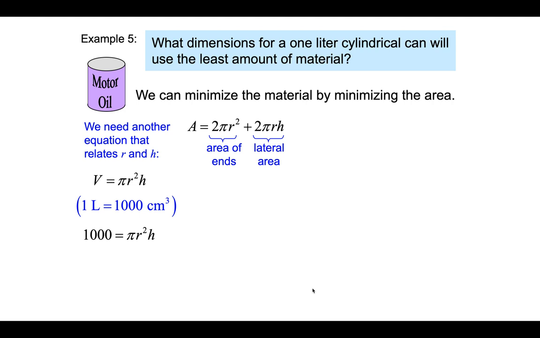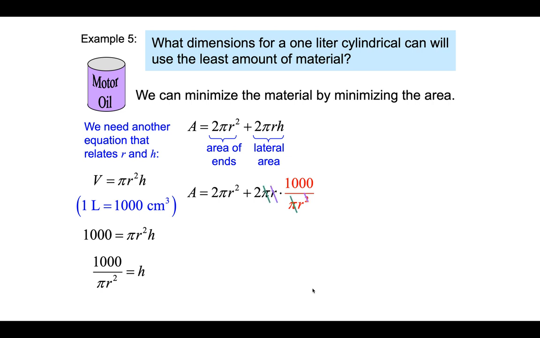So 1,000 has to equal pi r squared times h. h is the easier one to solve for, so we'll do that. We just divide both sides by pi r squared, and we get that h equals 1,000 divided by pi r squared. So we're going to replace h, because remember, we have to have this in terms of one variable, with 1,000 divided by pi r squared.